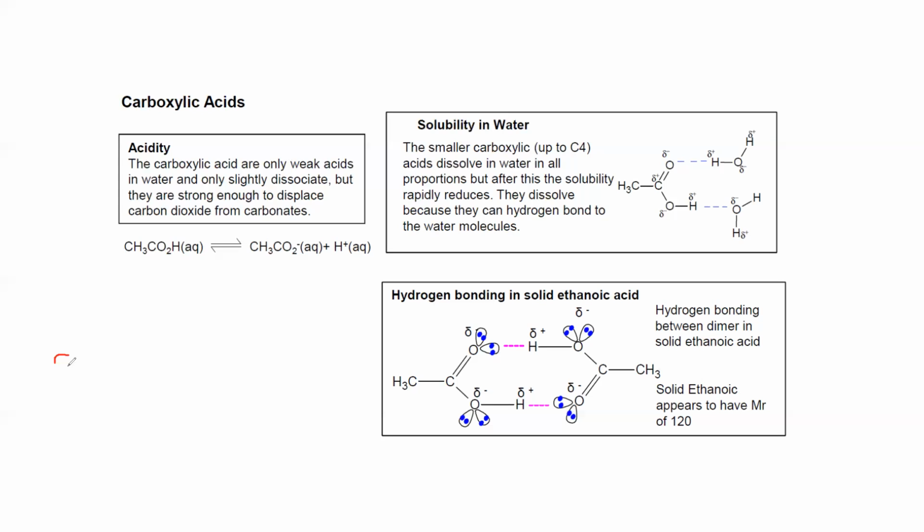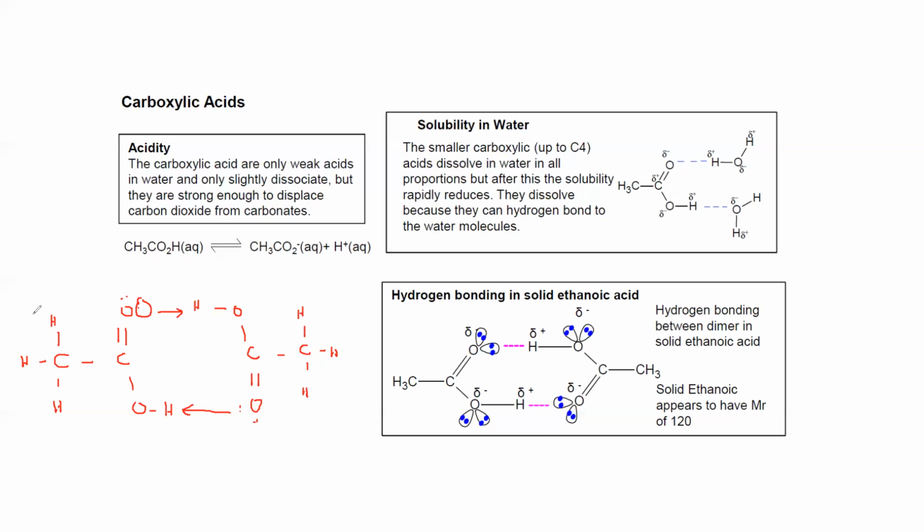This is one molecule of ethanoic acid, and then another molecule of ethanoic acid, with C double bonded with O. There's a lone pair, and this lone pair is attracted towards hydrogen, forming a hydrogen bond. And why does its relative molecular mass appear to be 120?